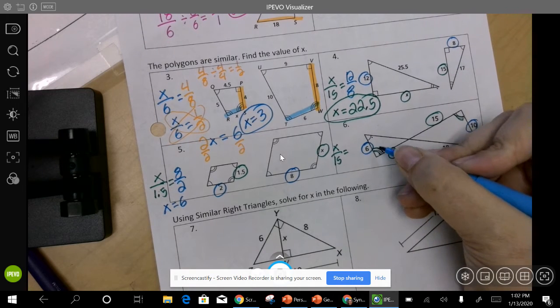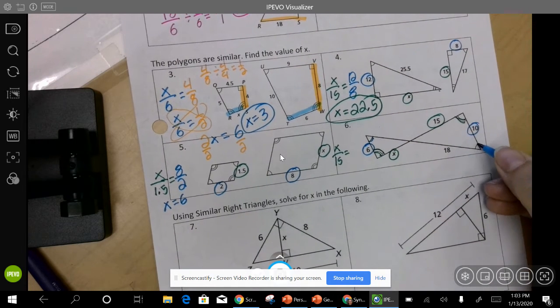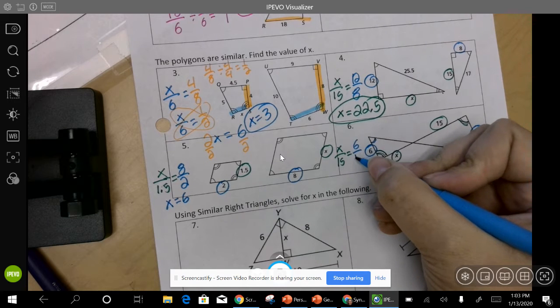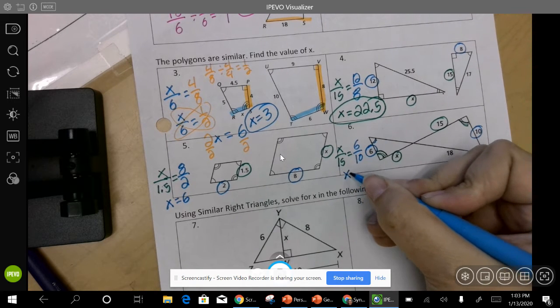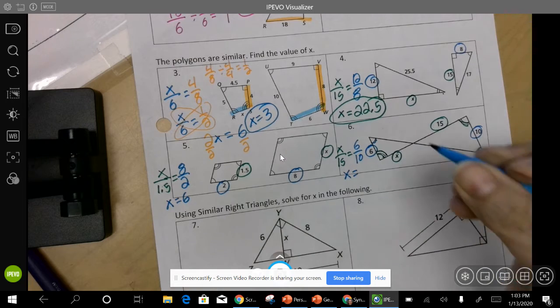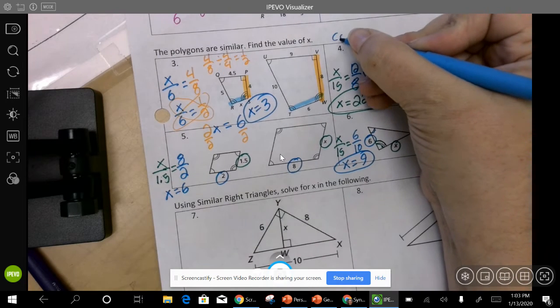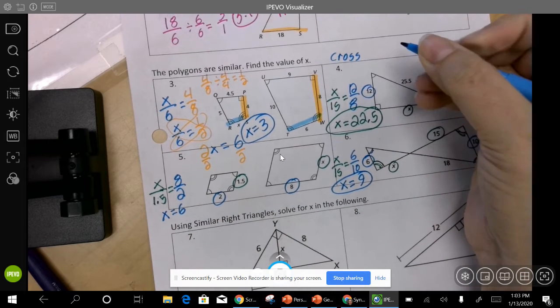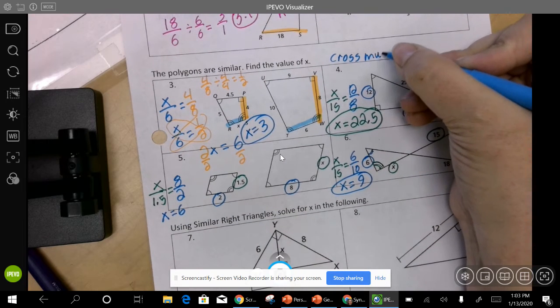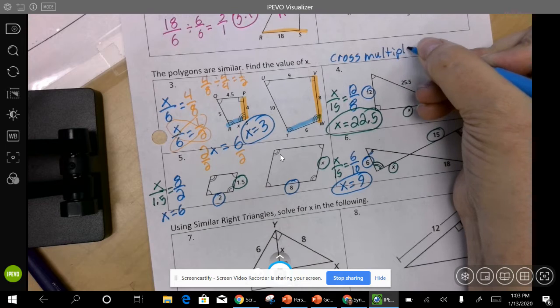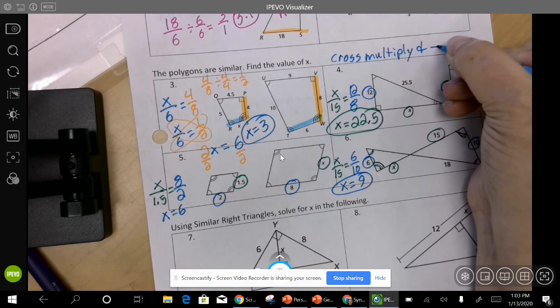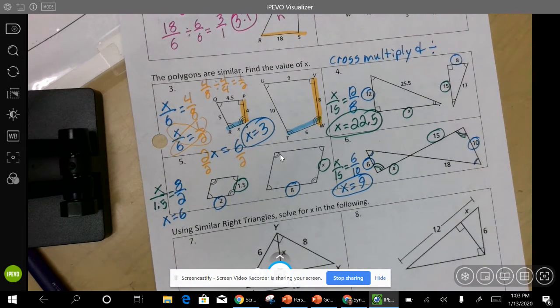Notice it's between the first and second arc over 10. Cross multiply and divide. Okay, so all these, remember with our proportions, cross multiply and divide.